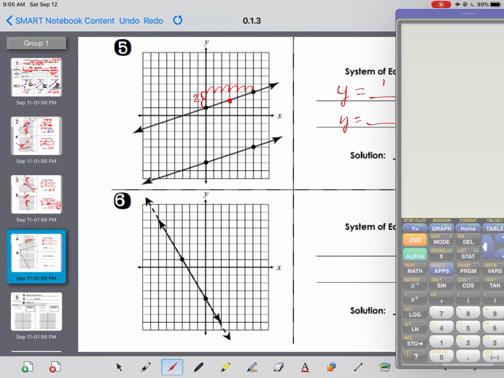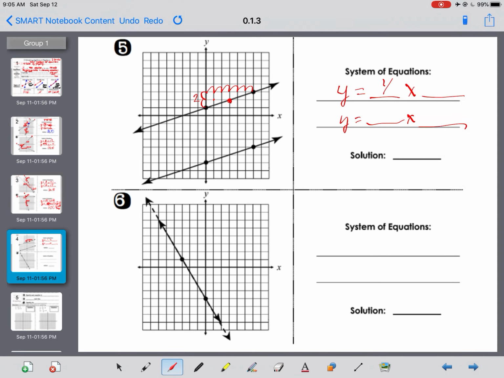So because 2 over 6 would be, don't need the calculator right now, 1/3. My intersection point is at 0, 1. So y equals 1/3 x plus 1. My next one, there's a better dot. Look, 1, 1, 2, 3, 1/3. They do have the same slope, and let's see, 1, 2, 3, 4, 5, 6. They do not have the same y-intercept, so there is no solution.